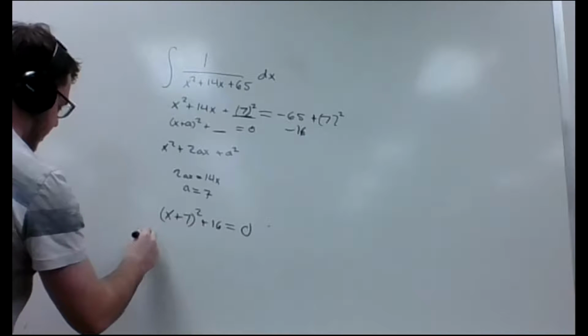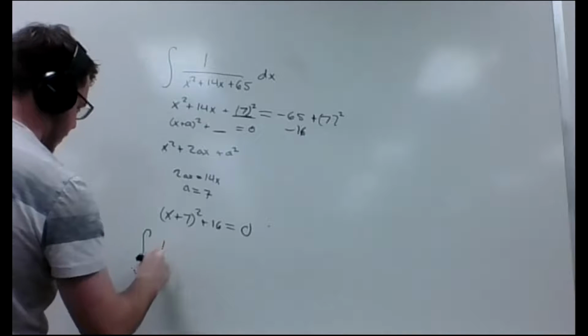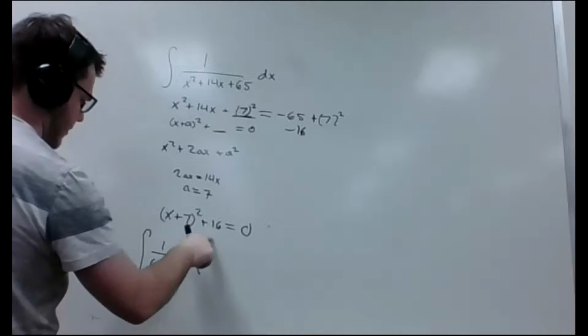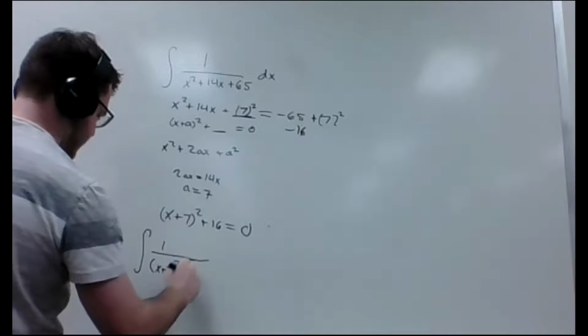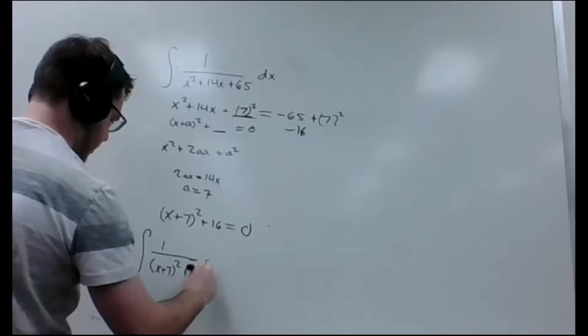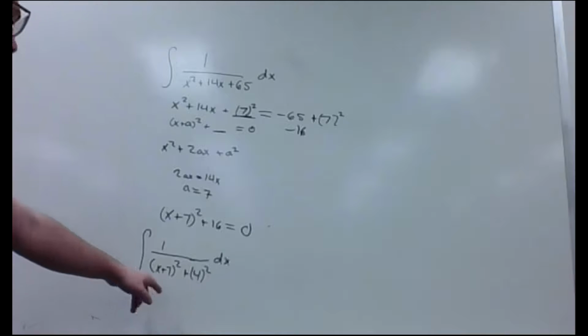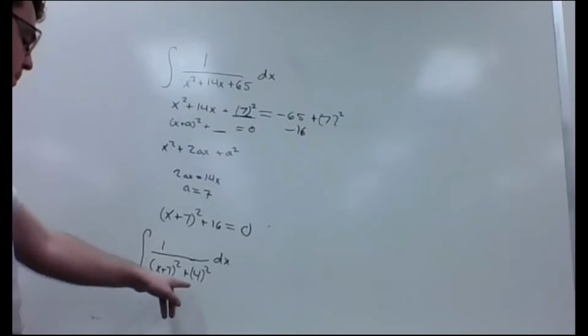Now if we come back to our integral problem, I'm going to rewrite this 16 to be 4 squared. Then we're going to simply use inverse tangent here to complete our integral.